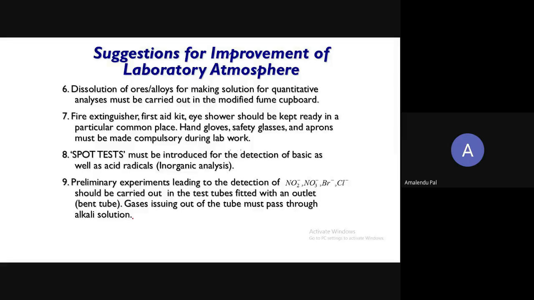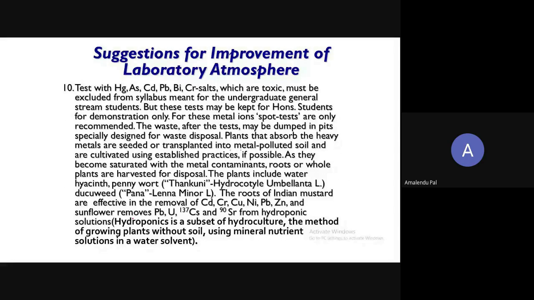Anyway, now we are coming to a very important thing. That is what you do: tests with mercury, arsenic, cadmium, lead, bismuth. All these basic radicals, cations, are toxic. You see the mercury. I don't know if it is still in our undergraduate syllabus or not.